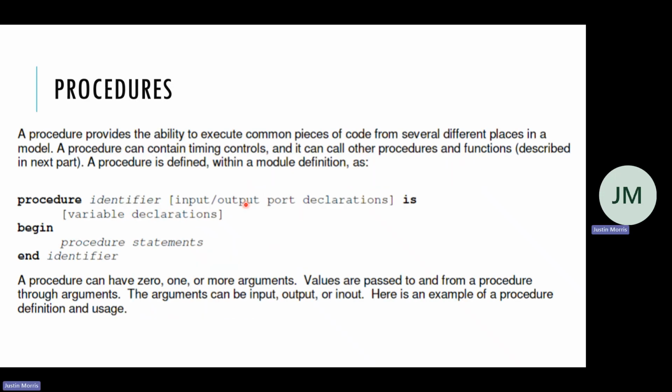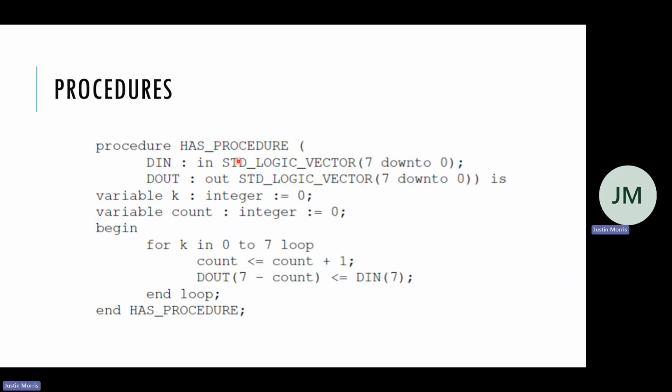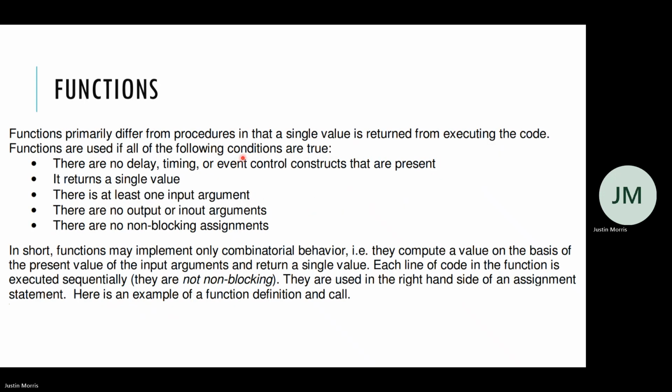And the key difference, again, is just that procedures can have these timing controls and multiple outputs. Whereas with the function, only a single value can be returned from executing the function, and all of these conditions must be true of the function. There's no delay, timing, or event controls.